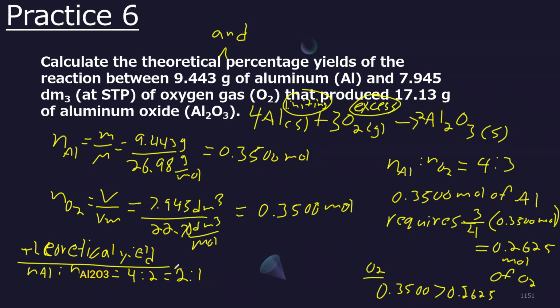So how much can be made? Our target is now aluminum oxide, so 1/2 times the amount of limiting reactant, 0.3500 that we have.